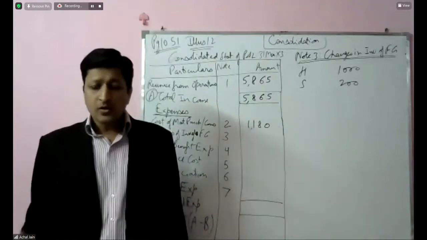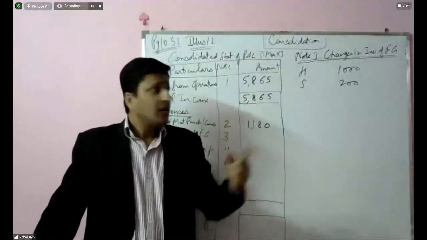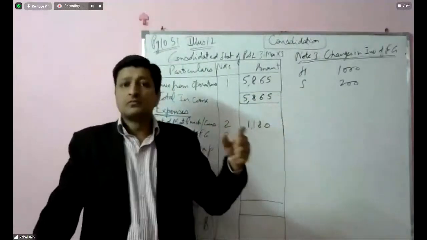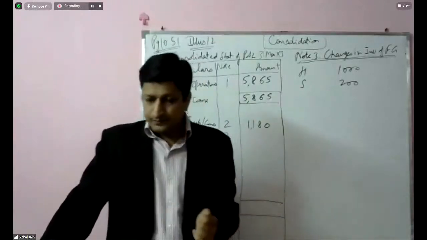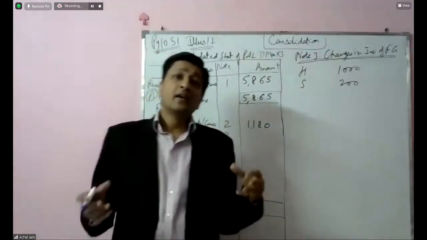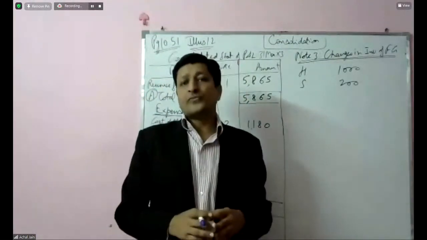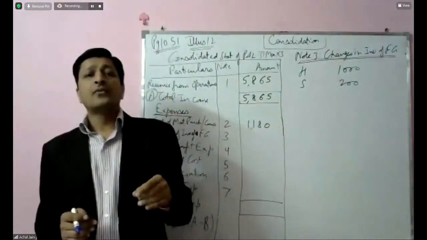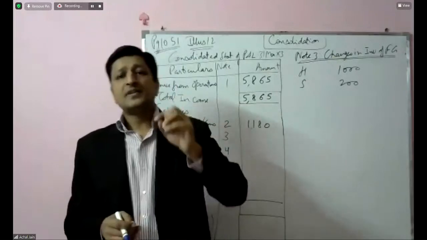That will also go out because, how do we get this change in stock? Closing stock minus opening stock, correct? So that change in stock is currently loaded with the unrealized profit in respect of those sales or purchases which are made within the group.